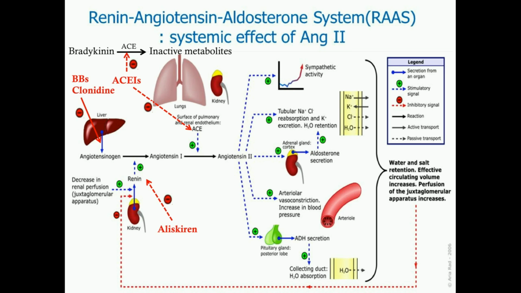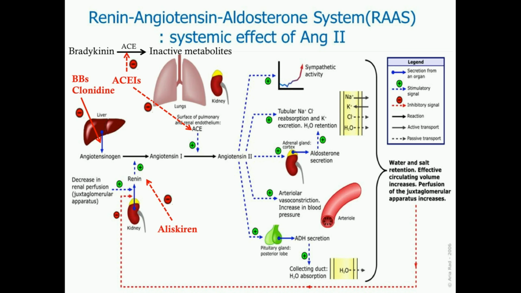And we don't really think of this system a whole lot aside from disorders, and that's fine. It's a more obscure system, but this is a place where that kallikrein-kinin system comes in.